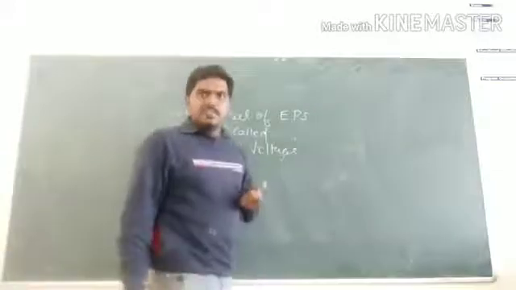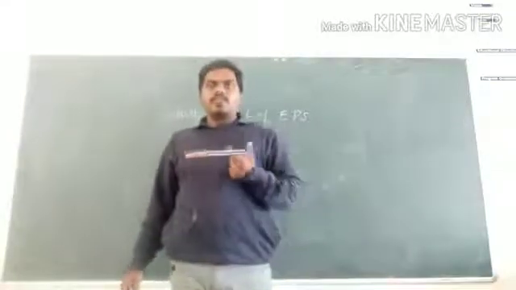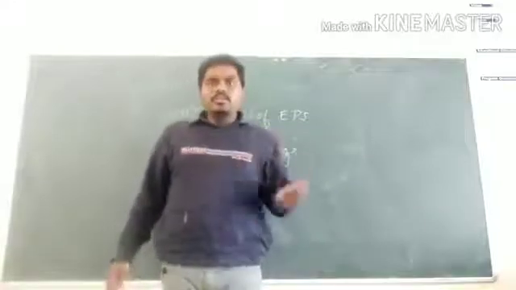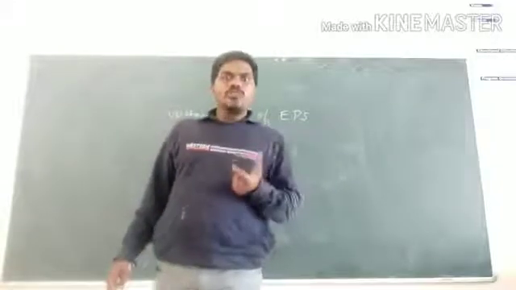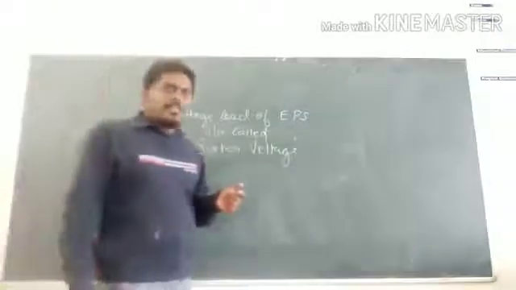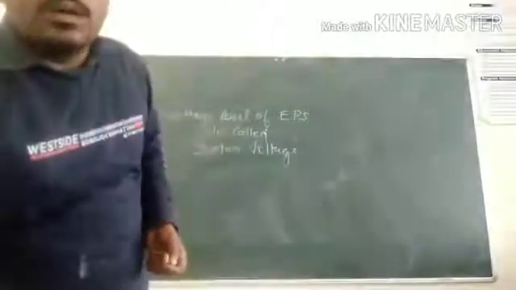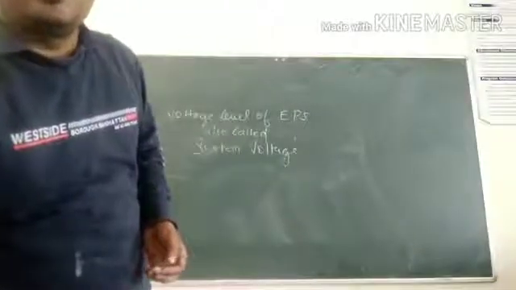In a three-phase system, the voltage between the external lines is known as the nominal voltage. In case of a three-phase line, the line voltage is called the nominal voltage.